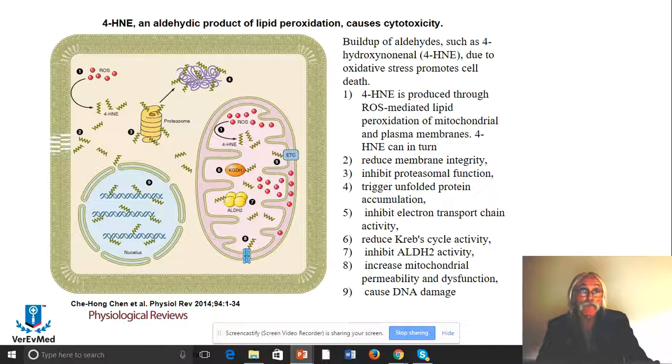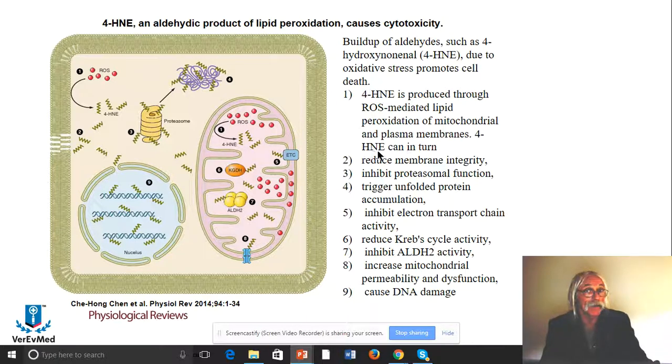First of all, it's produced via that reactive oxygen species-mediated lipid peroxidation. This happens all the time. You make a lot of reactive oxygen directly from polyunsaturated fatty acids in the plasma membrane, for example. You also get it in the mitochondrial membrane. We also know it can happen in the electron transport chain.